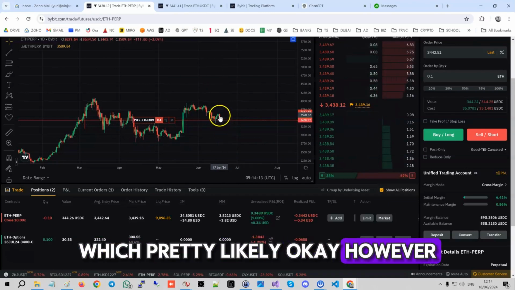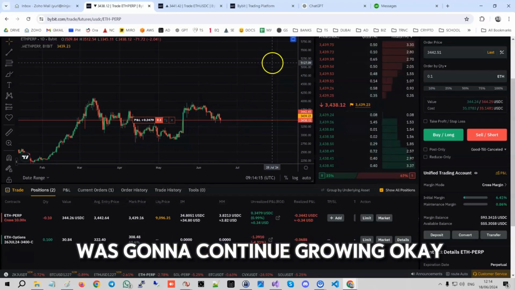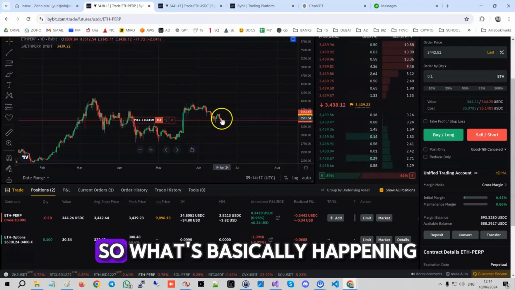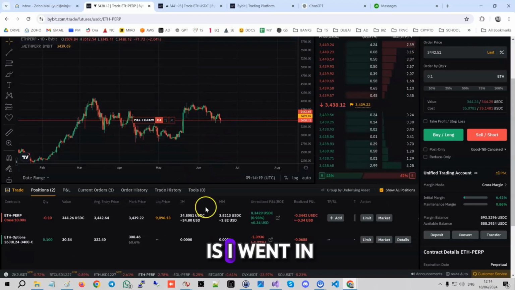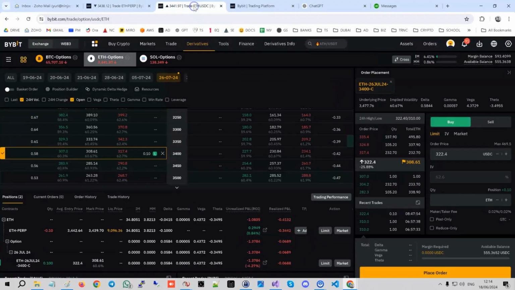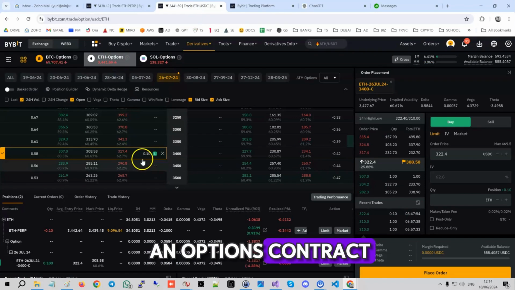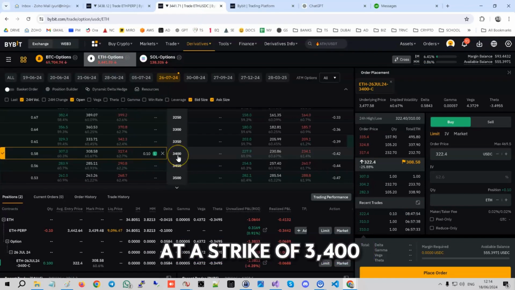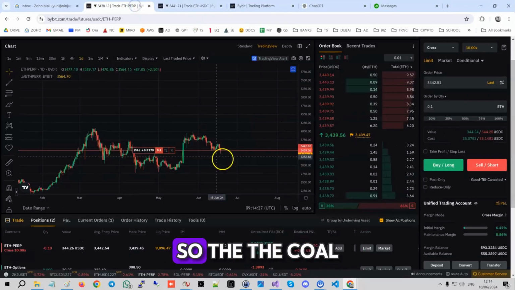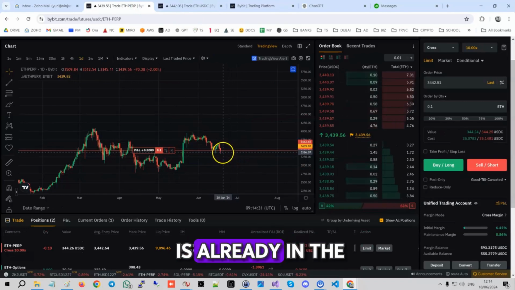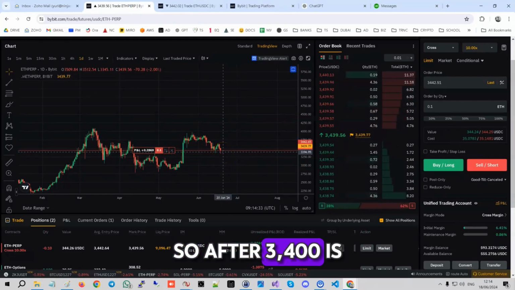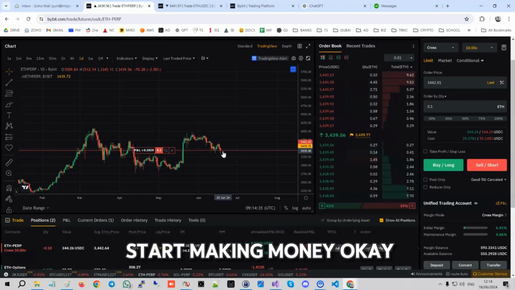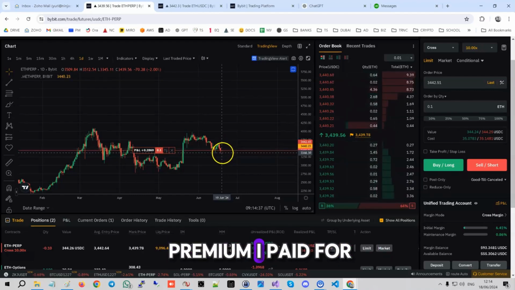However, who knows? Maybe Ethereum is going to continue growing. So I also opened an options call contract at a strike of 3,400. The call is already in the money, so after 3,400 it started making money, covering for the premium I paid for it.